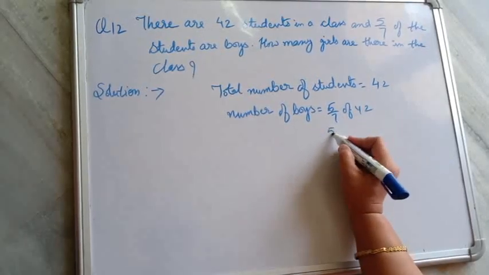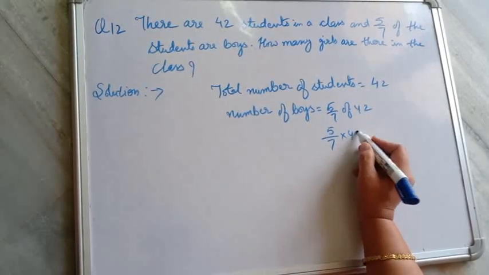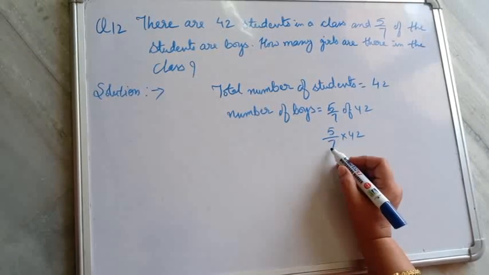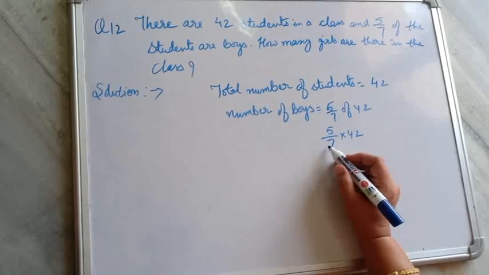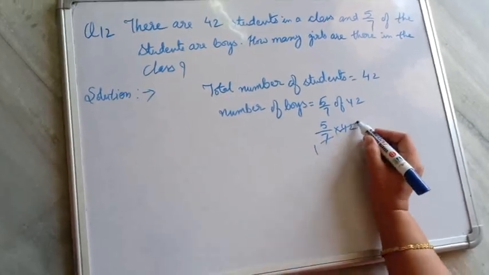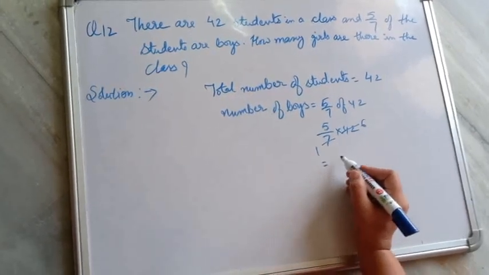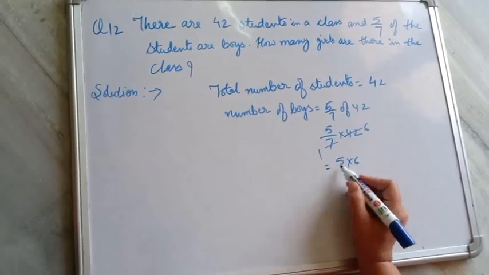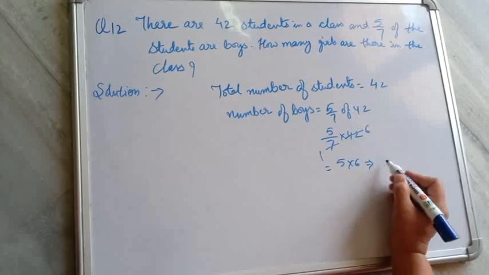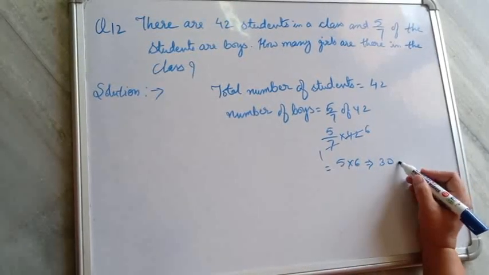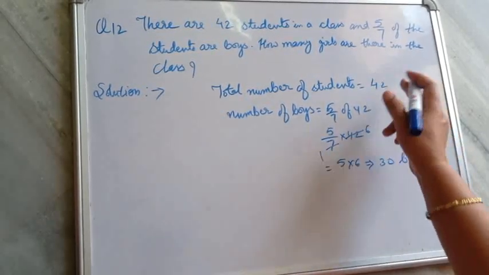That is 5 by 7 multiplied by 42. We can see that 7 and 42, they are divisible. 7 ones are 7, 7 sixes are 42. So 5 multiplied by 6, that is 5 sixes are 30. Number of boys 30. We have to find number of girls.